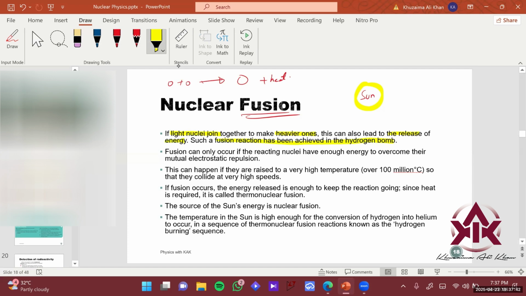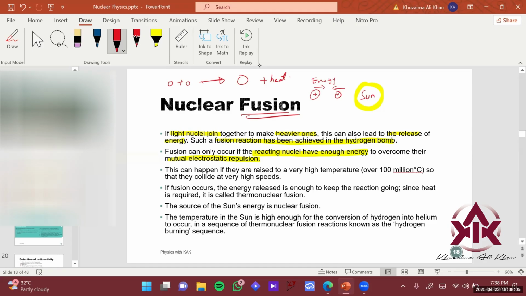Fusion can occur if the reacting nuclei have enough energy to overcome their mutual electrostatic repulsion. Obviously, when you want to bring two nuclei together, you will have to give in a huge amount of energy because they have electrostatic repulsion, which is going to repel them. But if you still want to bring them together, you have to give a huge amount of energy. That can cause them to break the electrostatic forces and combine together.